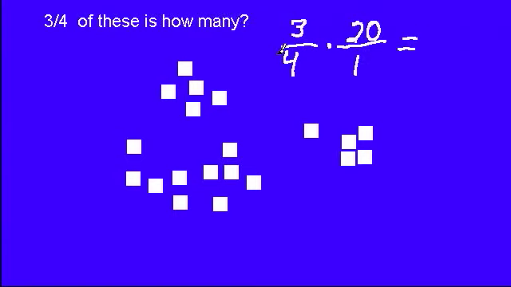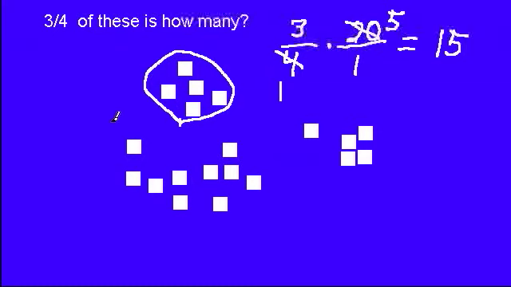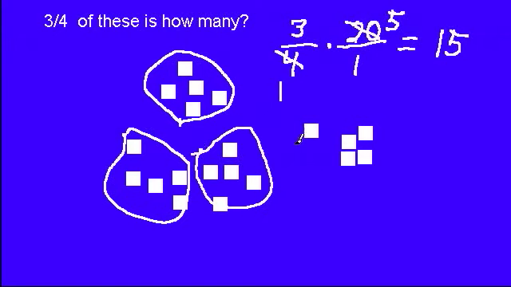So it's sort of like using our shortcut. 1/4 of 20 is 5, and then 3 times 5 is 15. So if we divide this into fourths, in effect we have 4 groups. 4 into 20 gives 5, and then 3 of those groups is going to give us 15.